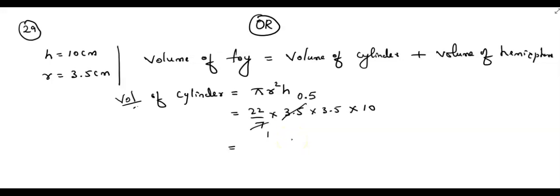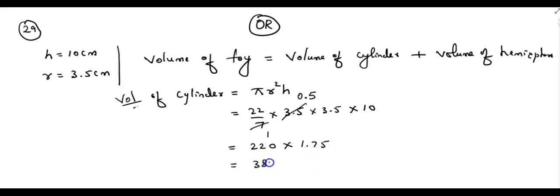First you multiply separately 22 into 10. How much? It is 220. Separately you multiply 0.5 into 3.5. If you multiply you will get 1.75. Okay. Now you multiply 220 into 1.75.